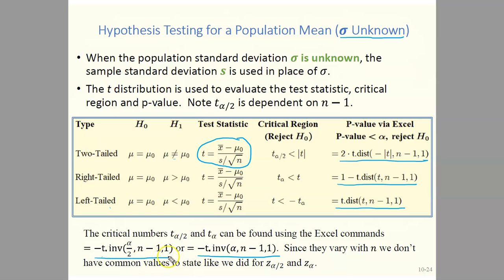This command right here would calculate t alpha over 2 if you're using a two-tailed test, and this command right here would calculate t alpha if you're using a one-tailed test. But usually the p-value method is a bit easier to use, so most of the time you'll be using these commands right here. So let's take a look at an example.